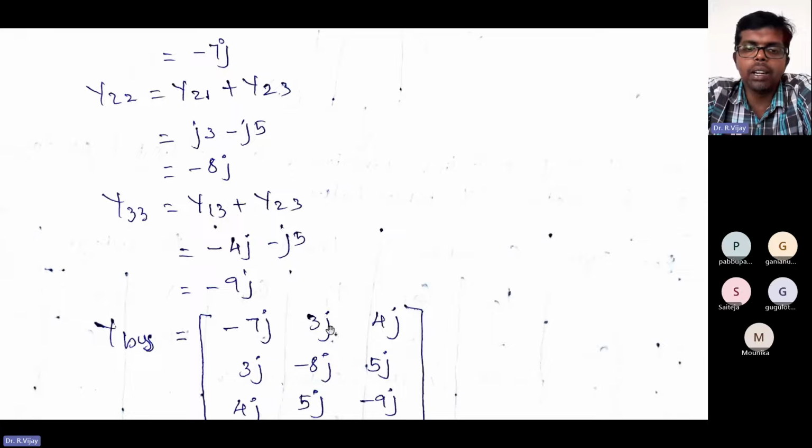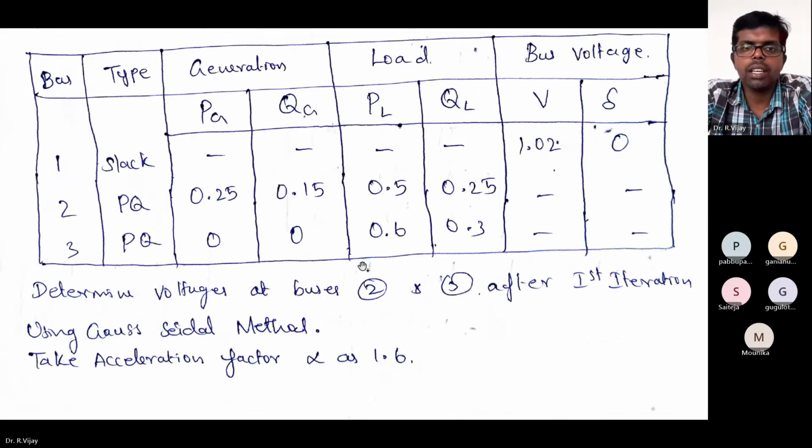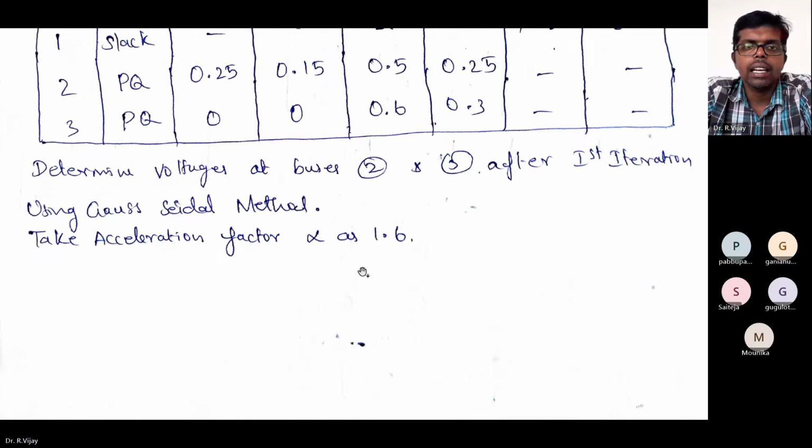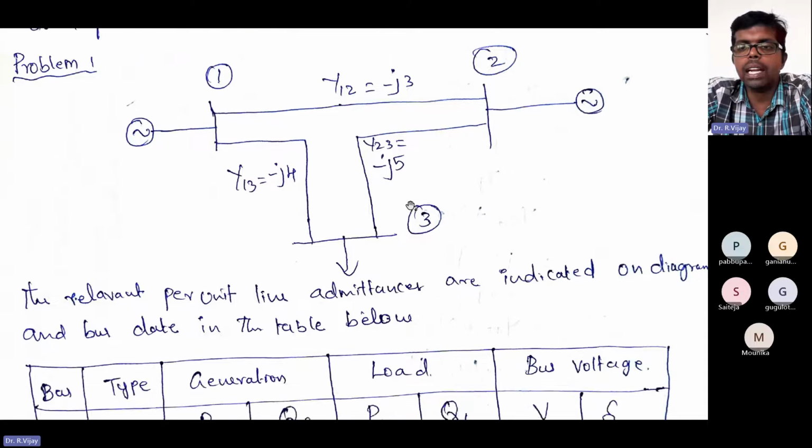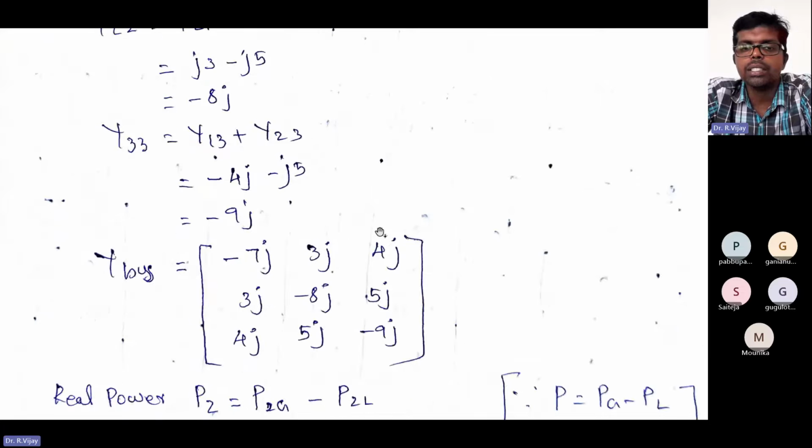Similarly for the rest: the off-diagonal entries are the negative of the corresponding admittances. Y12 is minus 3j, Y13 is minus 4j, and Y23 is minus 5j. So you substitute: minus of minus 3j is 3j, minus of minus 4j is 4j, and minus of minus 5j is 5j.